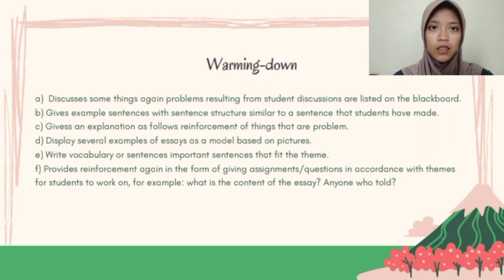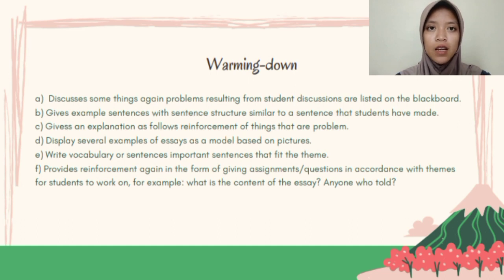For the first, the teacher discusses again the problems resulting from student discussion or listed on the blackboard. And the second, the teacher gives example sentences with a sentence structure similar to a sentence that students have made. And the third, the teacher gives an explanation as follows: reinforcement of the things that are problems.